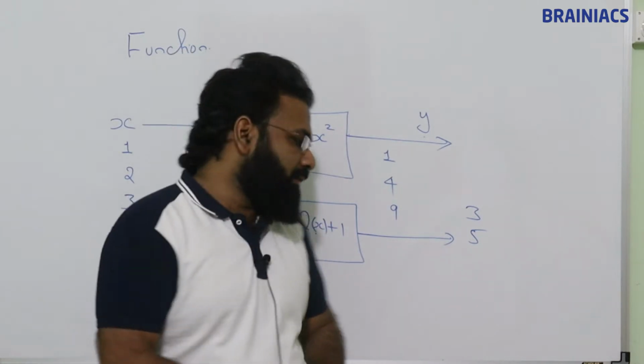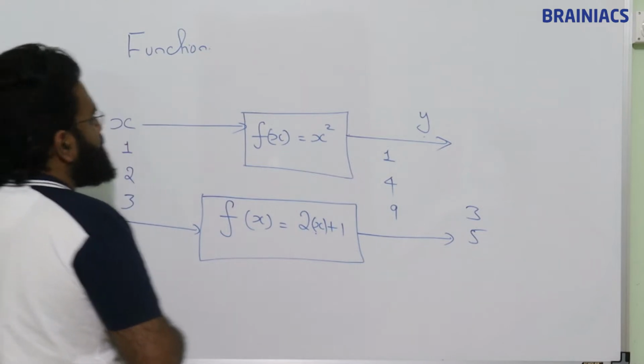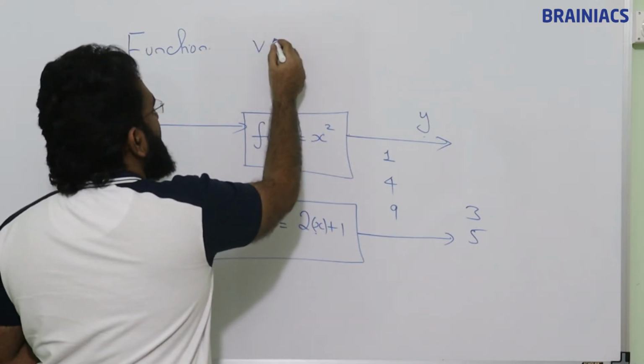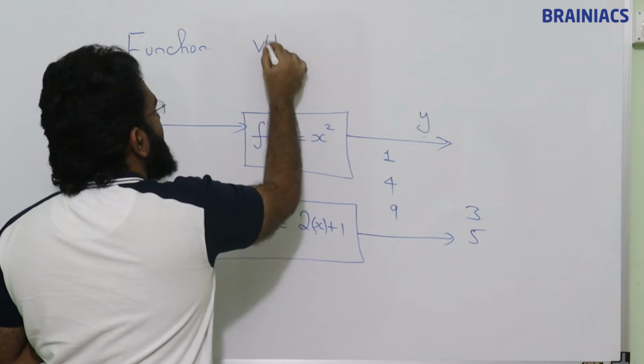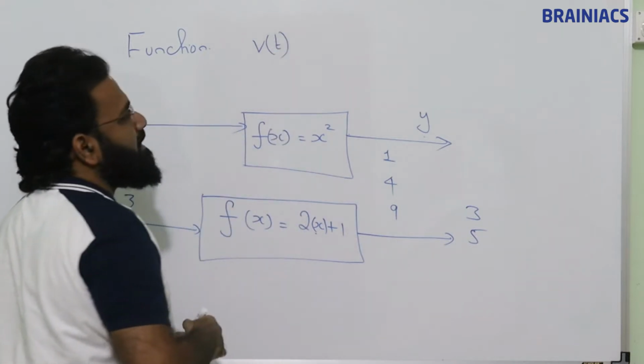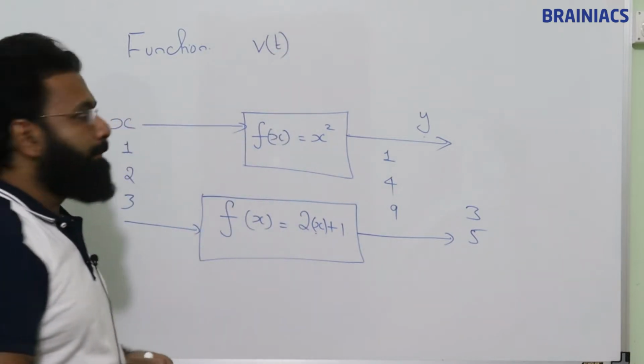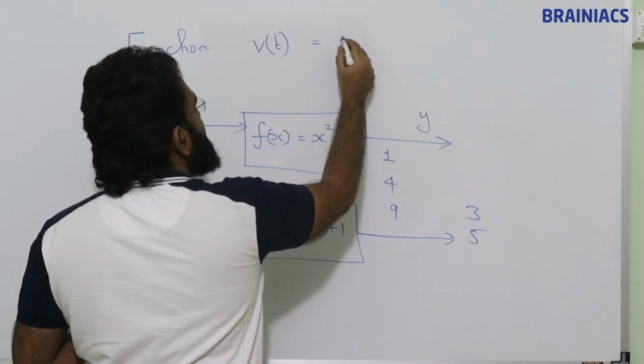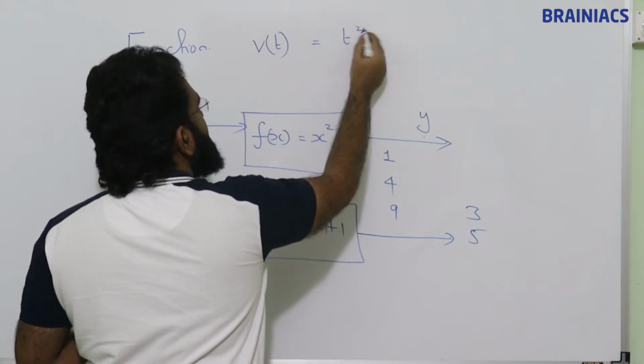Suppose when I say velocity is a function of time, and suppose velocity's value is given as t square.